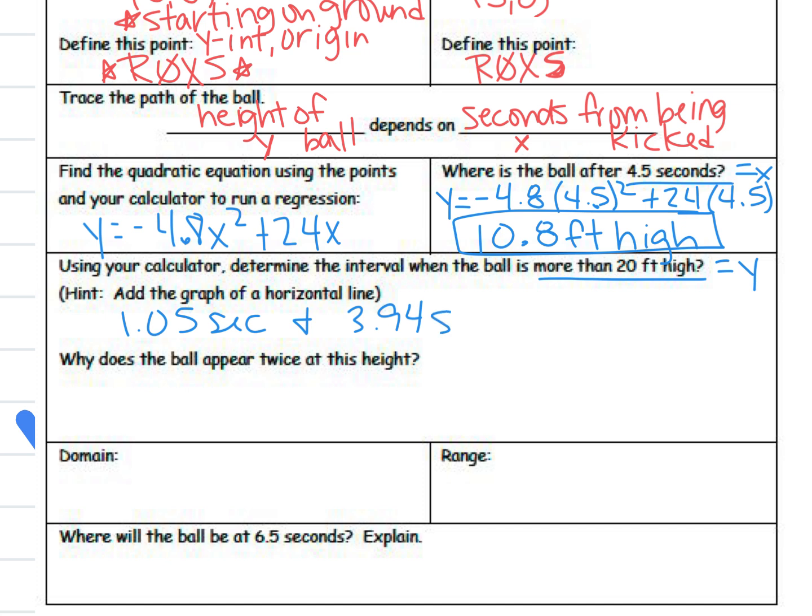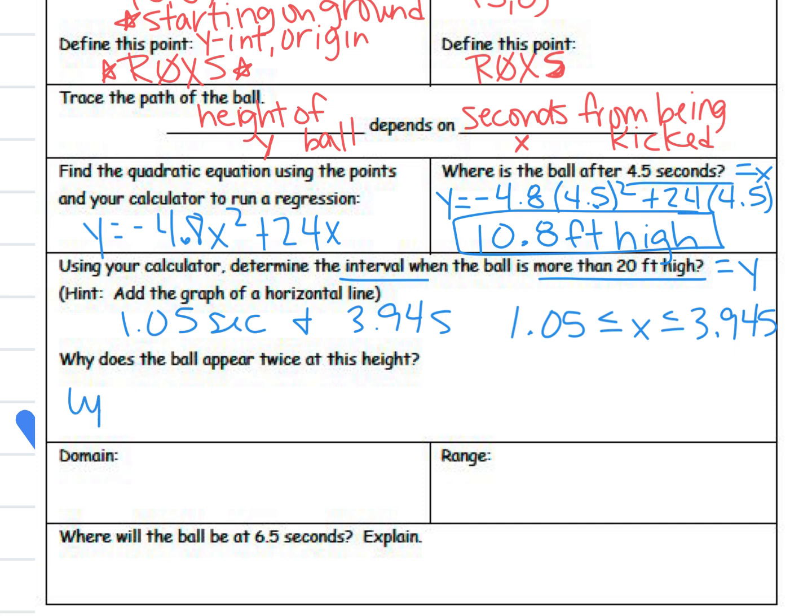It does ask us to write it as an interval, right? These are going to be our ending points. So because we're talking about x, we can write it almost as a domain and say that in between those times, that's when it was at or above 20.